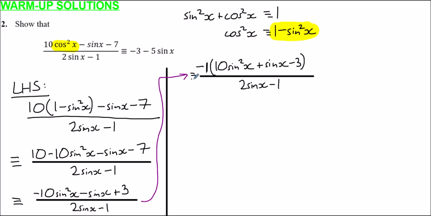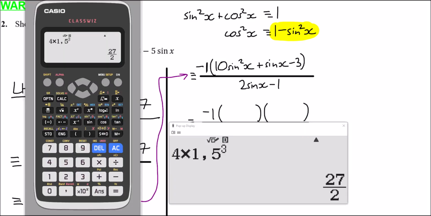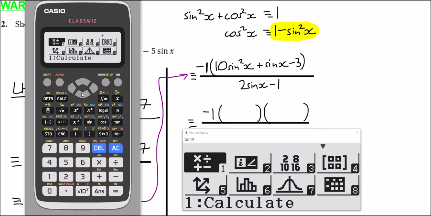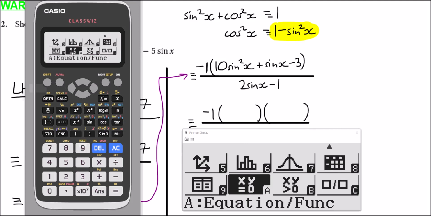So now, at this stage, we can use the handy ClassWiz calculator to help us sort of hack how to factorize this quadratic. I'll explain why if your teacher's not showing you how to do this. It's very straightforward if not, so don't panic. So, sine squared x and sine x, it's a quadratic in terms of sine x. So in terms of typing this on the calculator, here's what we need to do. So we go to menu, press, or scroll along to option A for equation / func for function, press equals.